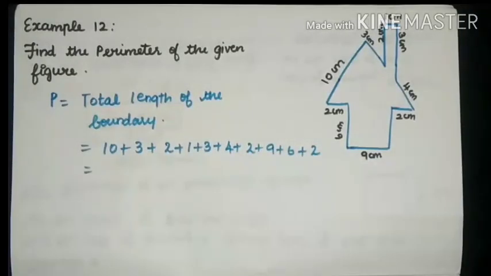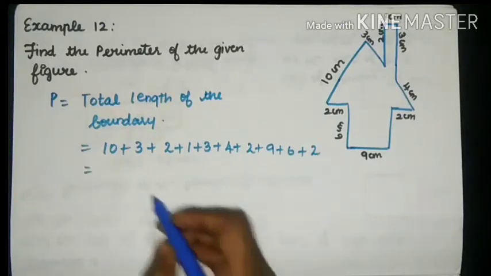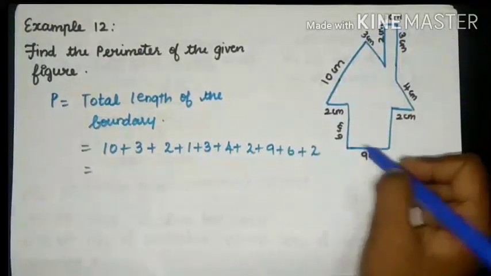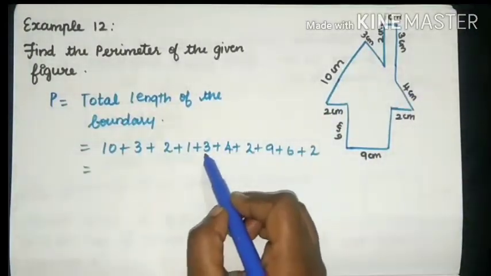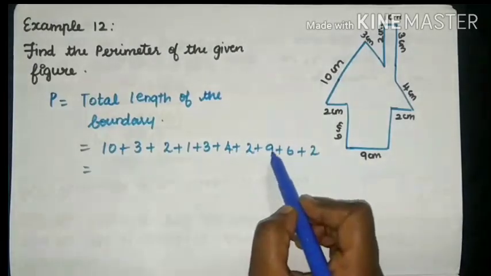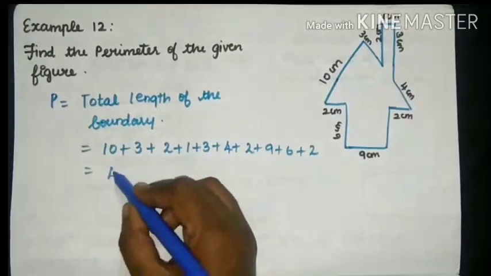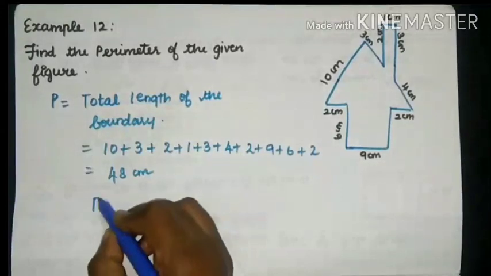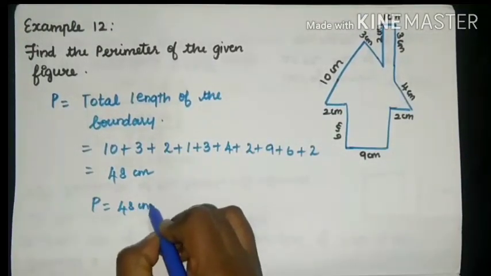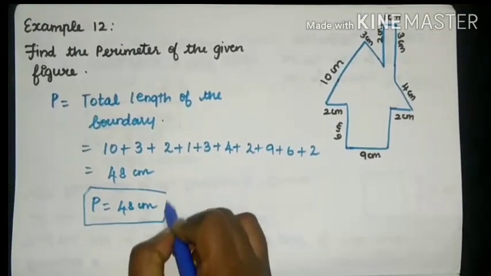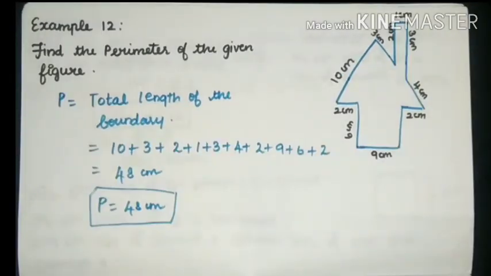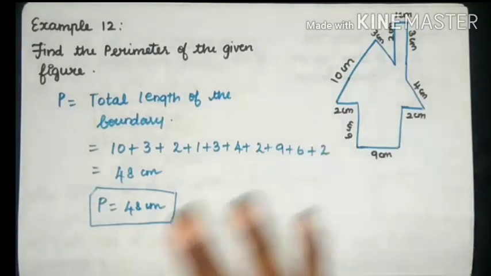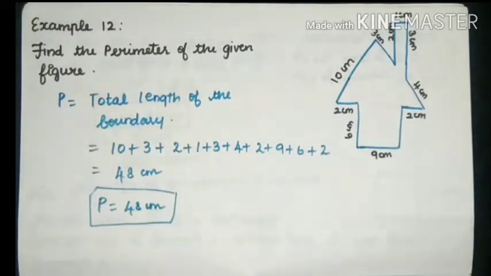After adding all the lengths, we get the perimeter of this shape. 10 plus 3 plus 2 plus 1 plus 3 plus 4 plus 2 plus 9 plus 6 plus 2 is equal to 48 centimeter. Therefore, perimeter is equal to 48 centimeter. If they are asking to find the perimeter of a closed shape, we have to add the total length of the boundary.